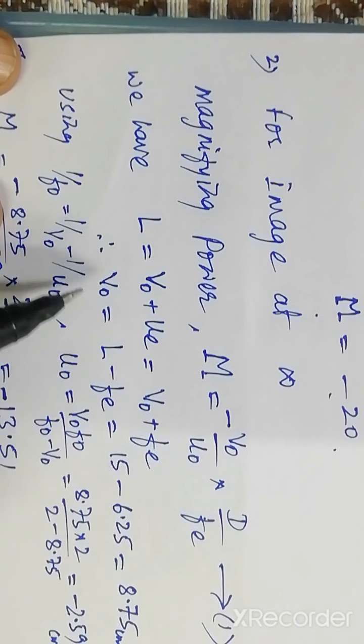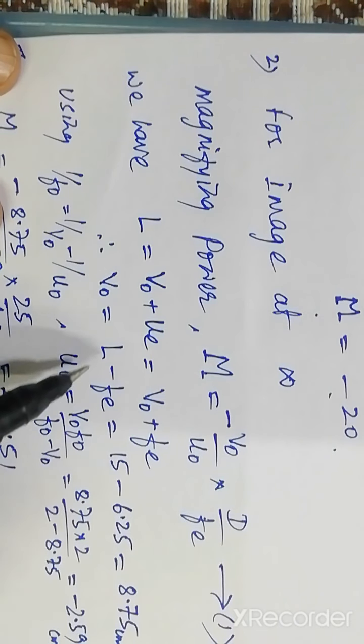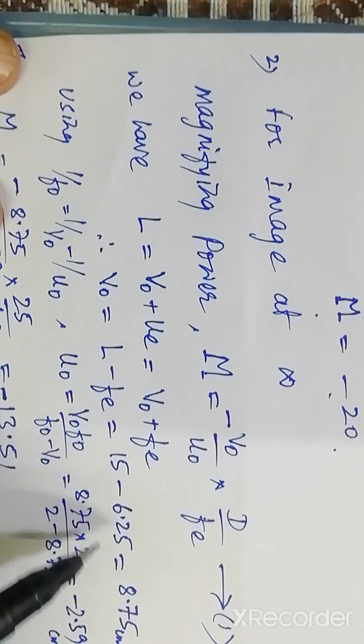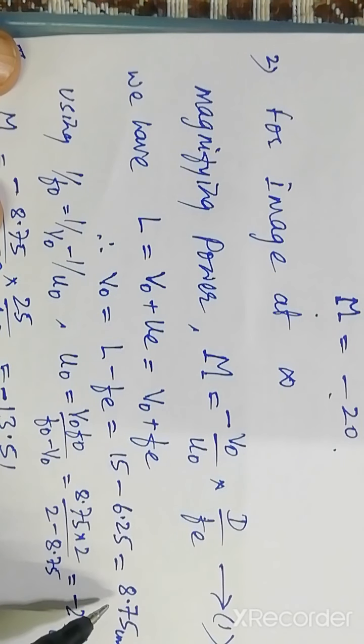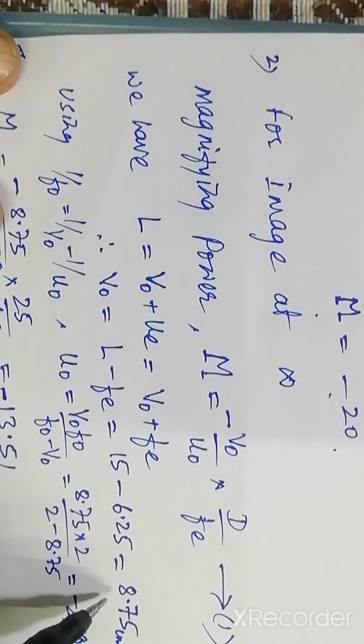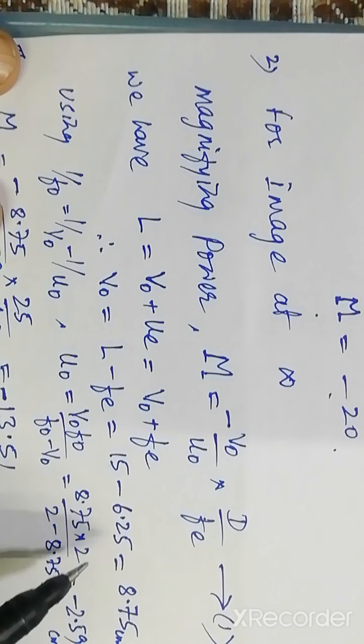Okay. VO is L minus FE. L is 15. Focal length of the eye lens is 6.25. So the image distance for the objective lens comes out to be 8.75 centimeter for final image to be formed at infinity.